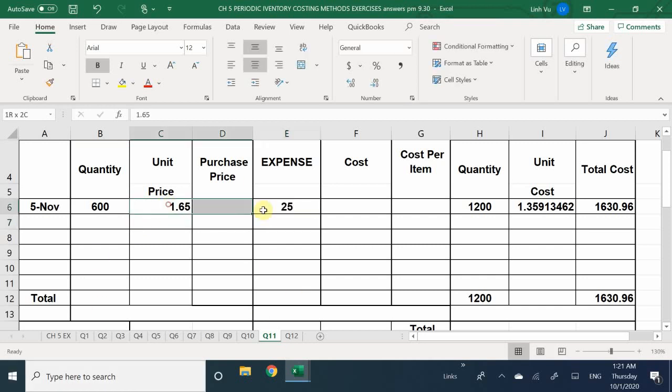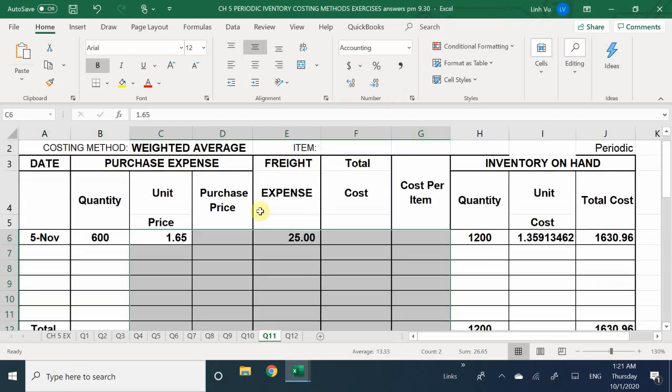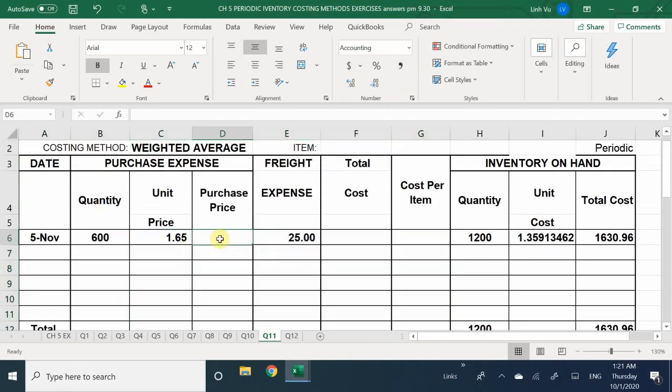Okay. So with that being said, let's calculate our total purchase price. Here I'm going to multiply 600 by 1.65 to give me $990.